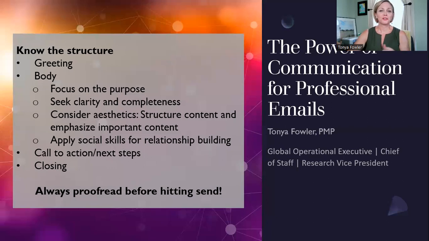Make sure too, and going back to last week's video, that anything that you're writing, your communication, should have clarity and completeness. Now, also consider the aesthetics of your email. What I mean by this is the look and feel of it. If you have a lot of content that you need to put in the email, then structure the content using bullets to help break that up and allow the reader to comprehend that information more easily.